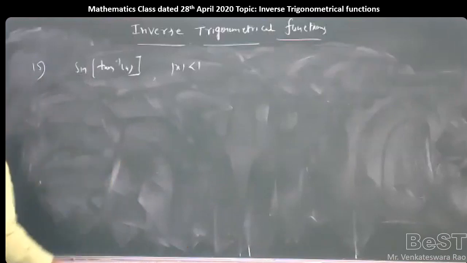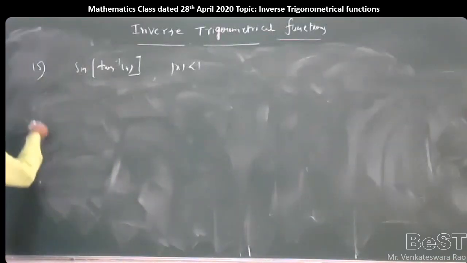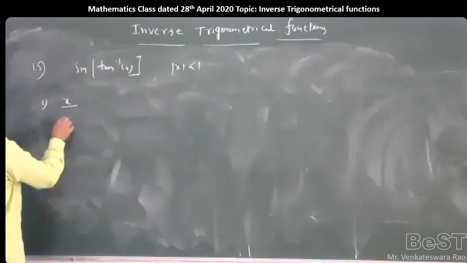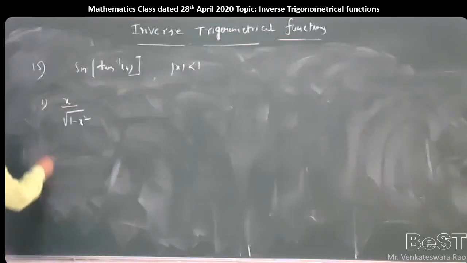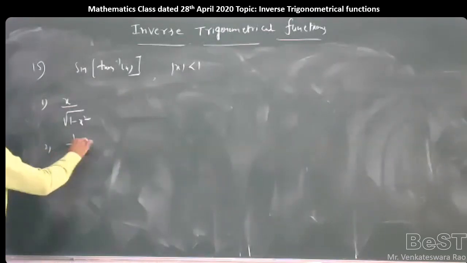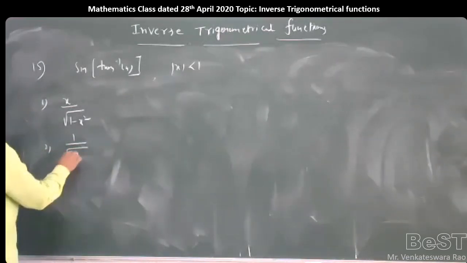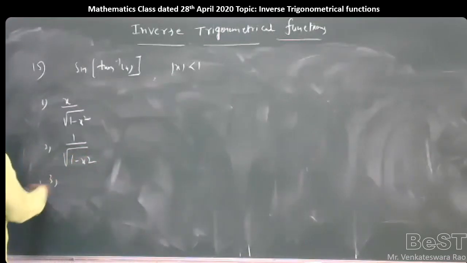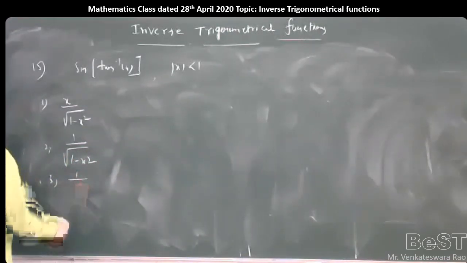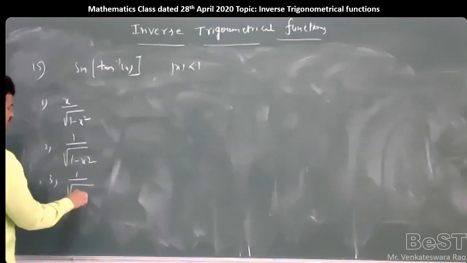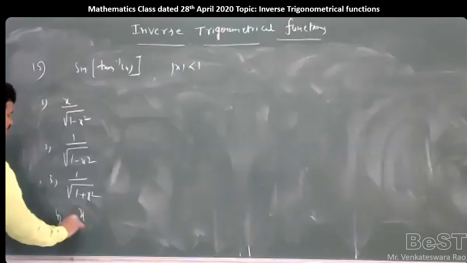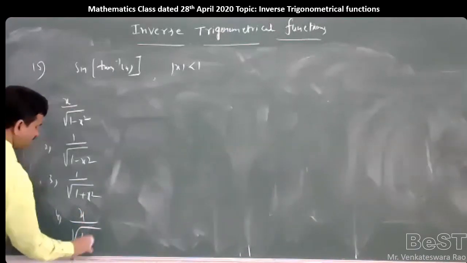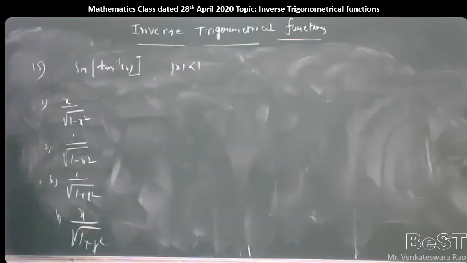So the first option: A, x by root of 1 minus x square. B, 1 by root of 1 minus x square. C, 1 by root of 1 plus x square. D, x by 1 plus x square. Very simple.